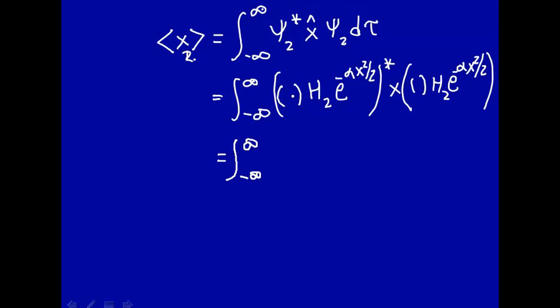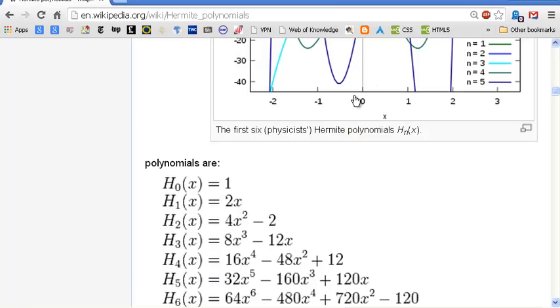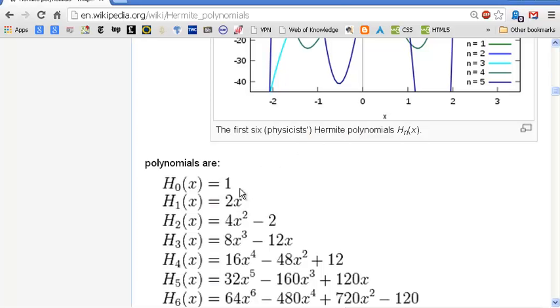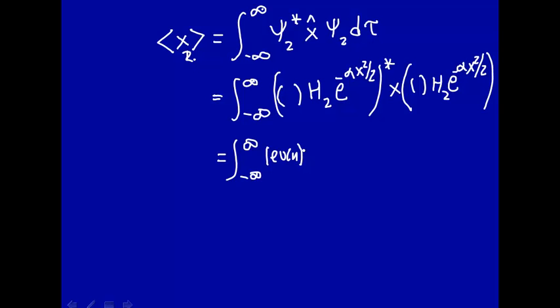We have these constants, and as we know, that's an even function, so we have even. And no complex conjugate, but the Hermite polynomials don't have i in them, so the complex conjugate of a Hermite polynomial is just the Hermite polynomial. H2 is n equal 2. That's an even function.